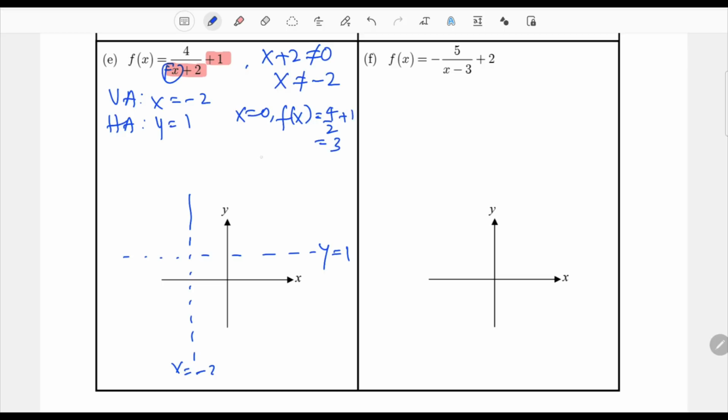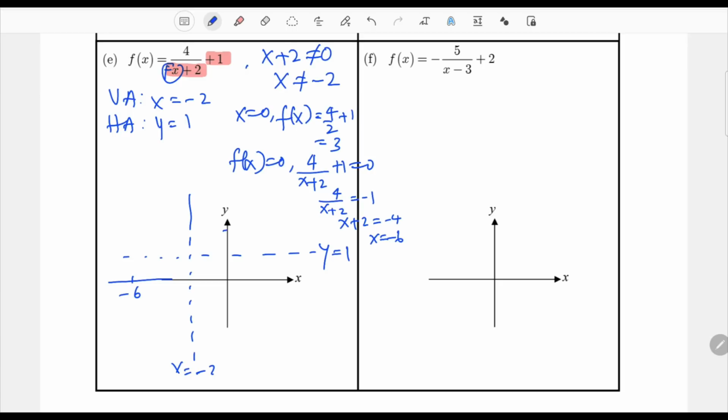So you get 3. When f(x) is 0, the intercept: 4 over x plus 2 plus 1 equal to 0. So do you know how to solve this? So 4 over x plus 2 equals negative 1. So you just change place. So you get x plus 2 equal to negative 4. So x is negative 6. So this is where you get your negative 6. Right? So you get your f(x) to be 3.